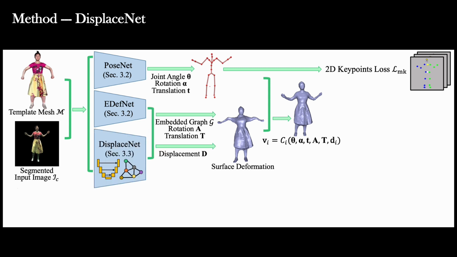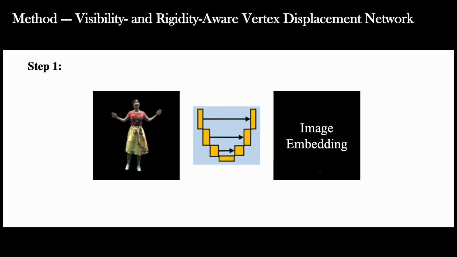For capturing finer surface details, we propose a novel hybrid image-to-graph convolutional architecture, DisplaceNet, for predicting per-vertex displacements, which greatly improves the dynamic surface details. In the DisplaceNet, we first use a UNet-based image encoder to extract relevant information about the surface deformation, such as wrinkles from the input image.